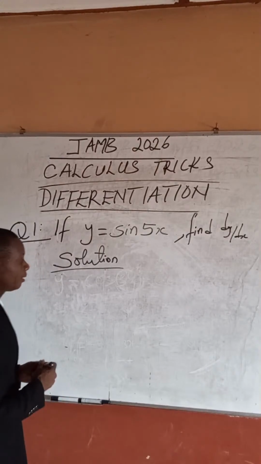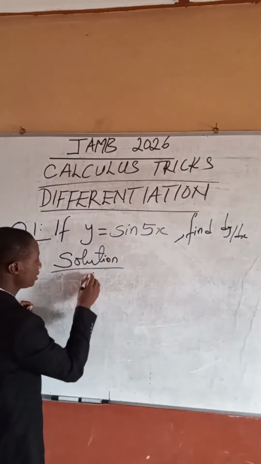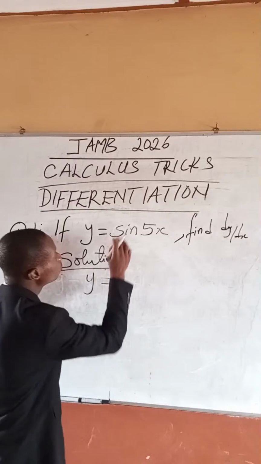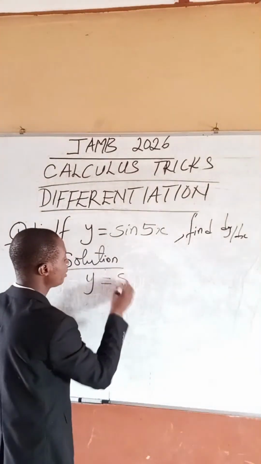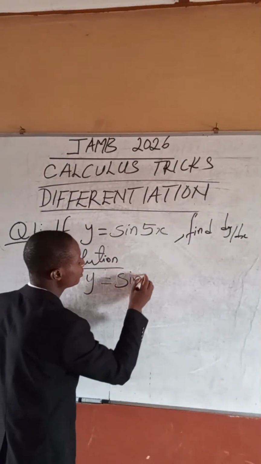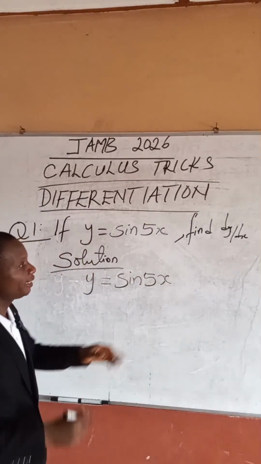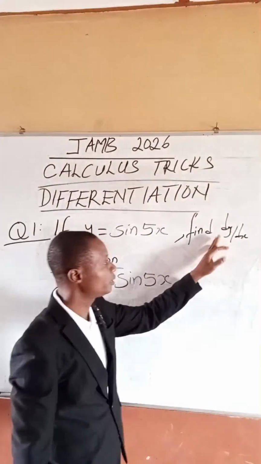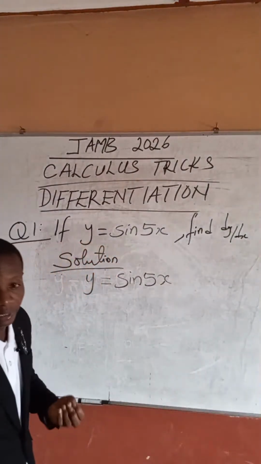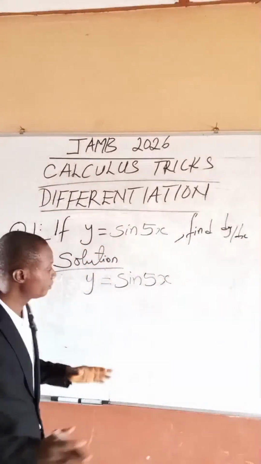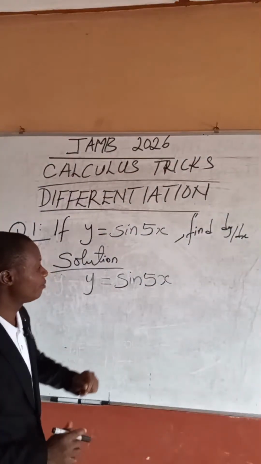Dy dx. Now that we have our y, in this case, to be equals to the sine 5x. And we have to find the differential value, dy dx, the derivative, that's what we call it. All right, so let's find the differential value here.